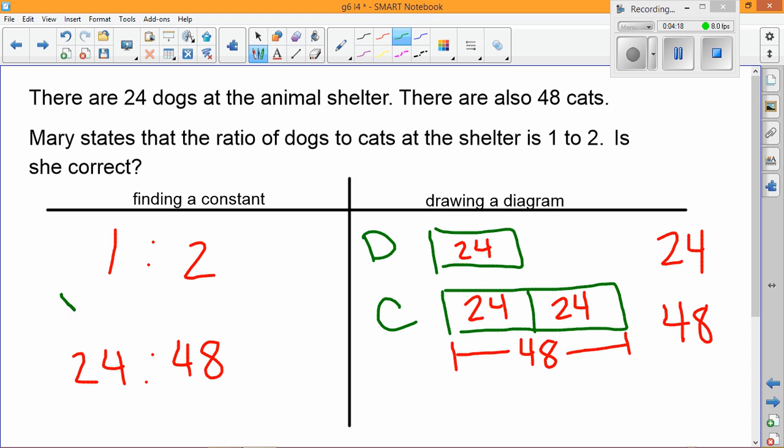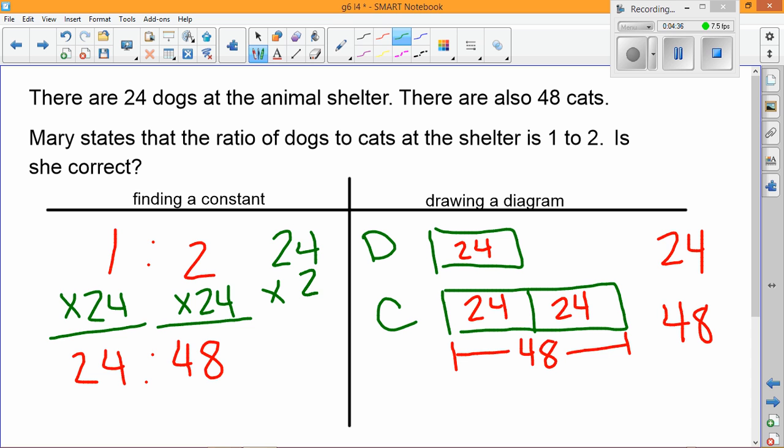I know that 1 times 24 will equal 24. Then we must ask ourselves, if we multiplied on the left-hand side by 24, we'd have to multiply on the right-hand side by 24. So is 2 times 24 48? Absolutely. You can go off to the side and do the multiplication, and you should get the right answer. So Mary is correct.